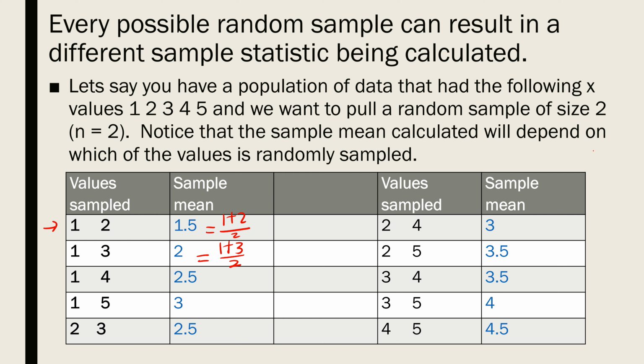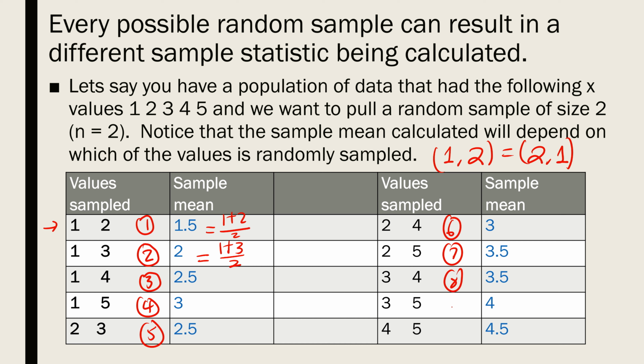This means if you have first number equal to 1, second number equal to 2, or you have first number equal 2, second number equal 1, these samples are equal to each other. Here you have one possible combination, and this is the second possible combination. In total, you have 10 possible combinations of values sampled from 1, 2, 3, 4, 5.